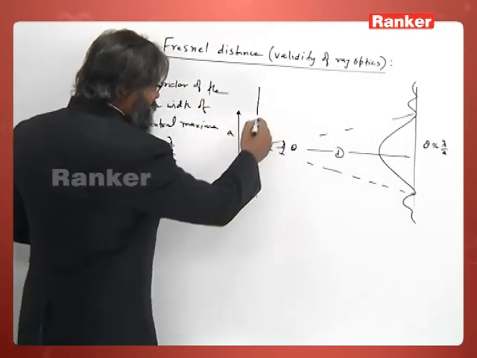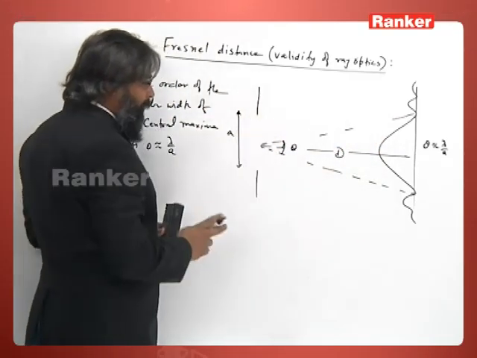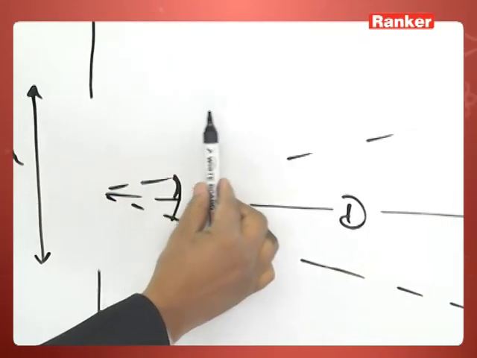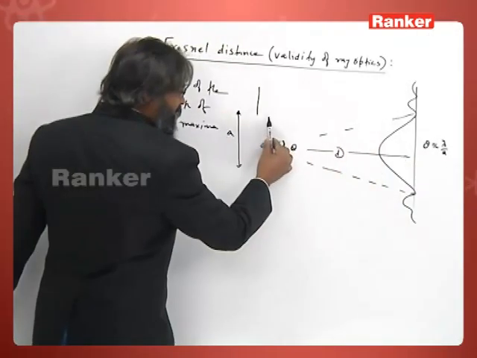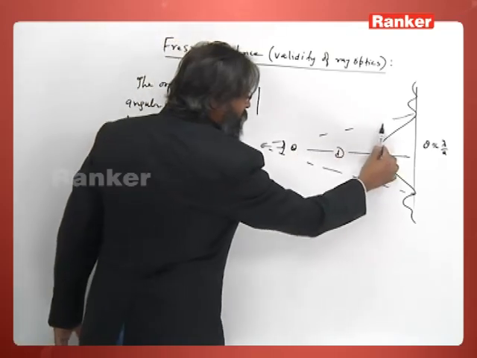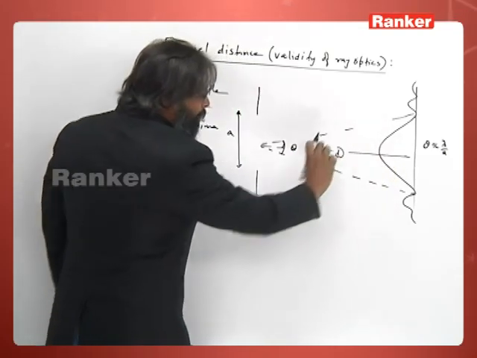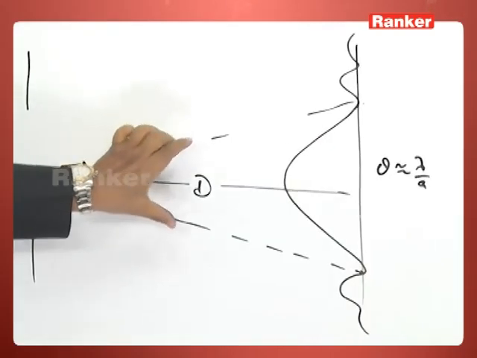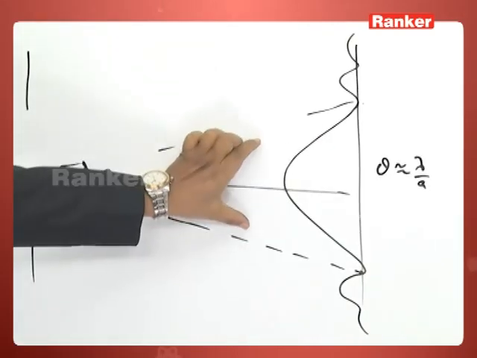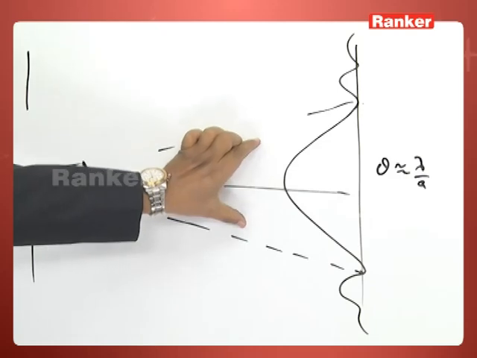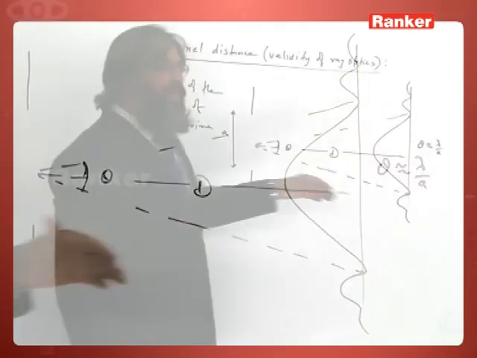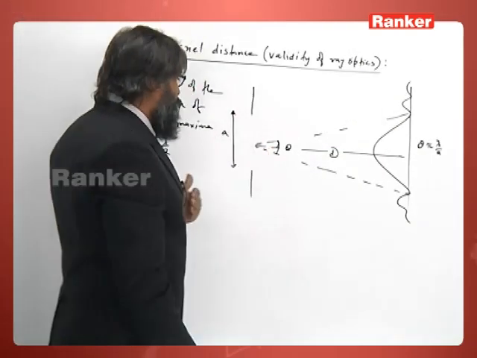Now this is my slit width A. If I take a screen and move it, if I place a screen here, the central maxima has this width. If I put a screen here, the central maxima has this width. So as you go on, the width of the central maxima will change.